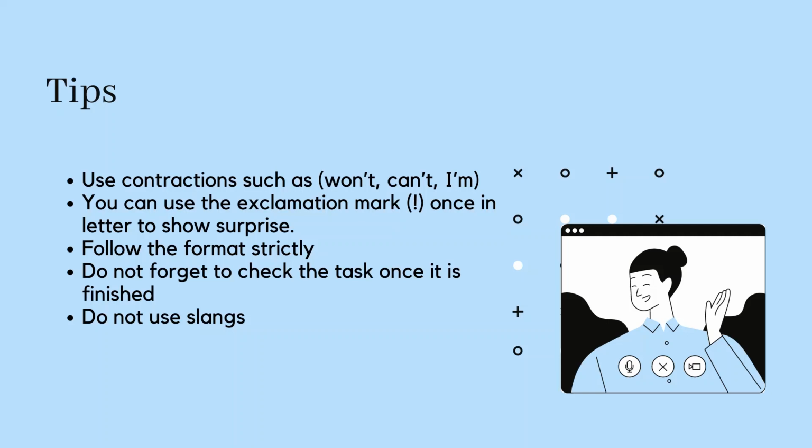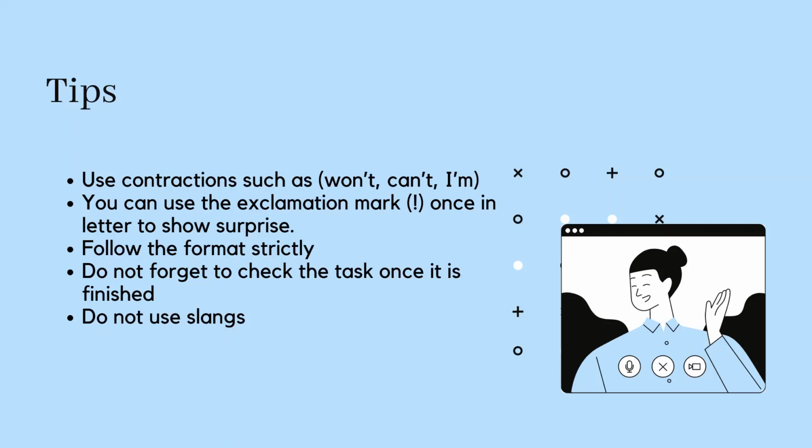Second thing is you can use an exclamation mark once in the letter to show surprise. As you know, we cannot use interjections and exclamation marks in academic writing. But while we are writing the informal letter, we can use this, but only once in the entire task. After that, follow the format strictly.